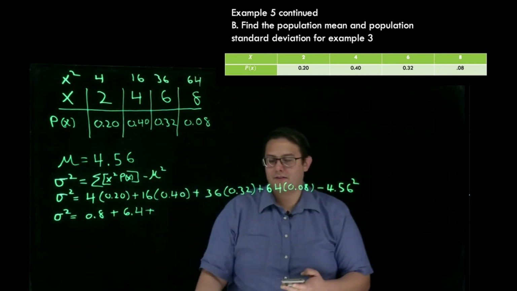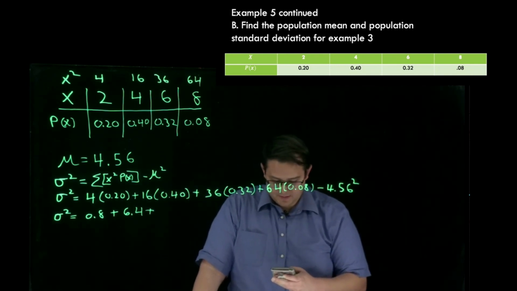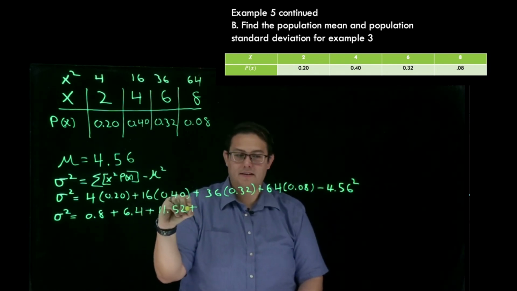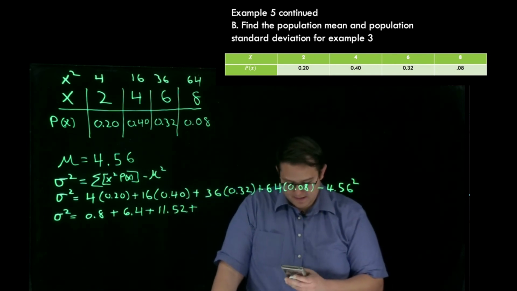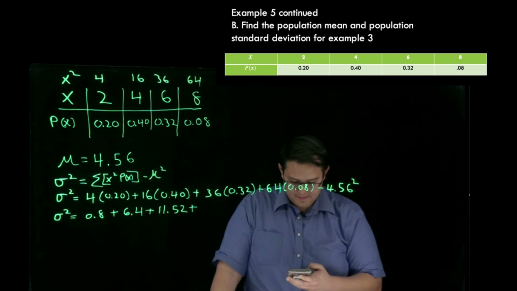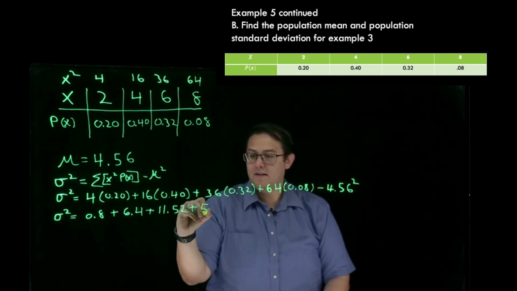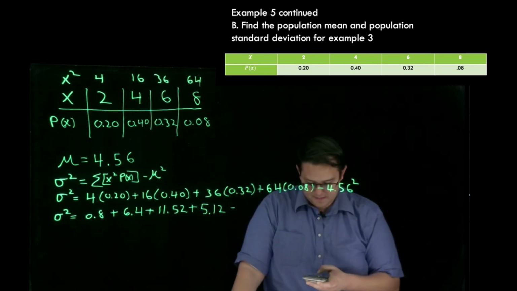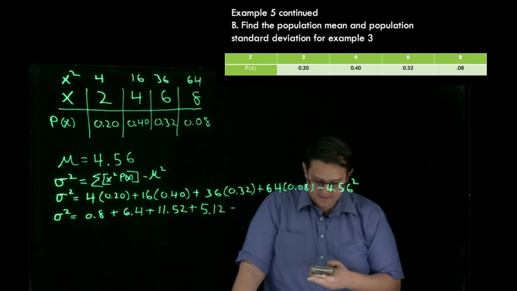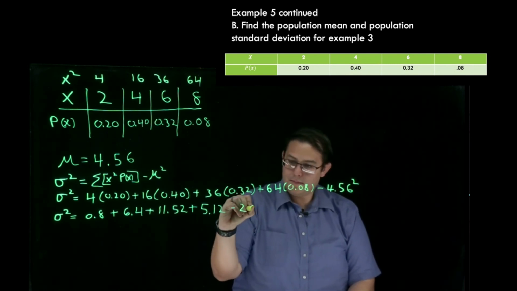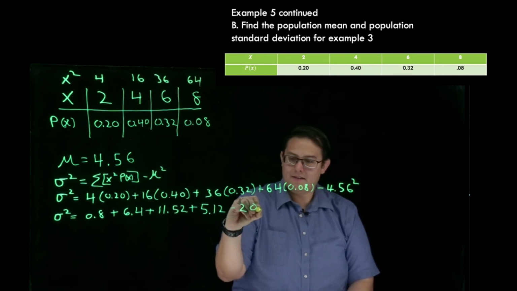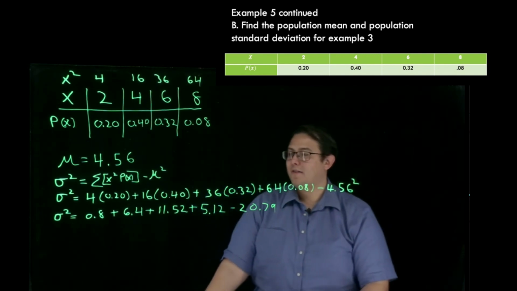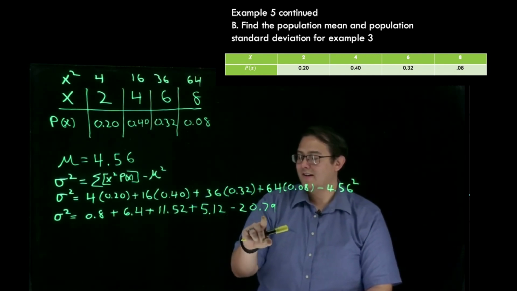And if we do 36 times 0.32, we get 11.52 plus 64 times the 0.08 is 5.12. And then minus, if you take 4.56 and square it, you get 20.79 to 2 decimal places. Okay. All right.